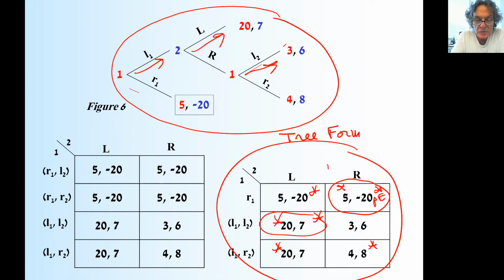Player 1 goes left 1, and player 2 approaches player 1 and tells him, you should go left 1. Why? If you don't go to left 1, I mean, if you go to R1, you get 5.